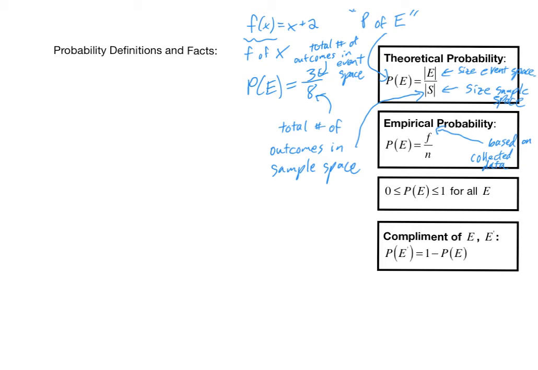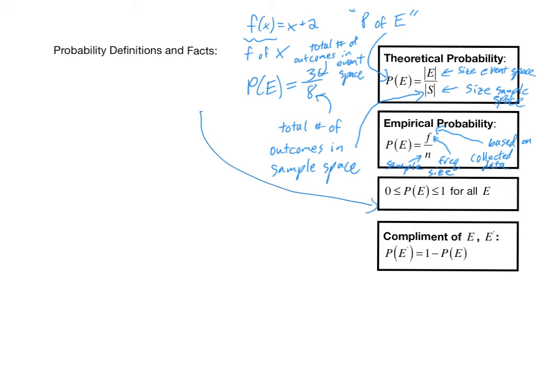It's pretty straightforward, but this notation right here is exactly what you know from unit 1. F is the frequency, and n, lowercase n, is the sample size. We'll see an example of that in a little bit. So we've got theoretical probability defined, we've got empirical probability defined, and then there's two important other concepts here.